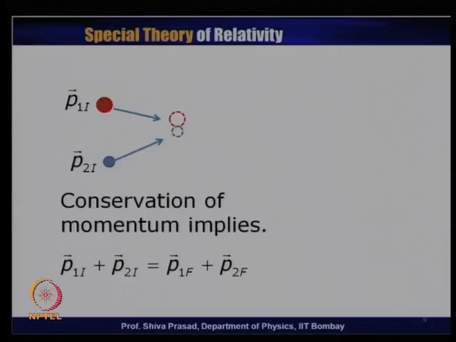What is conservation of momentum? The conservation of momentum tells that if you have a system of particles and if they interact and there is no external force on the system, in fact, we differentiate between internal forces and external forces. So, if we have a system of n particles and each is interacting with each other and therefore, each is applying a force on another particle.